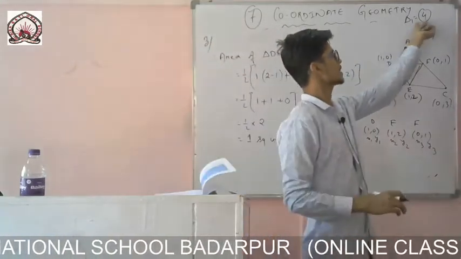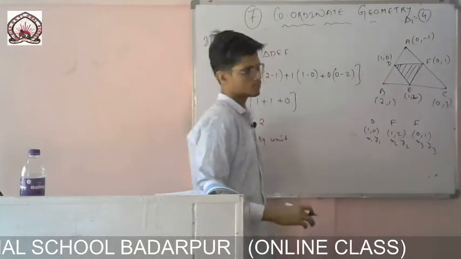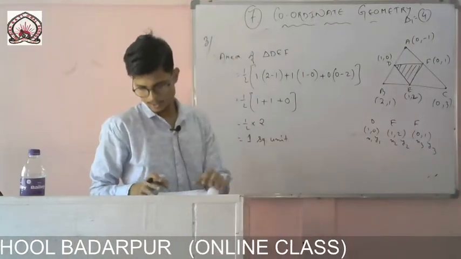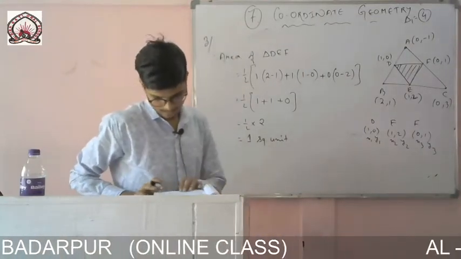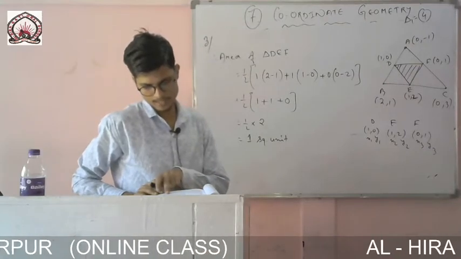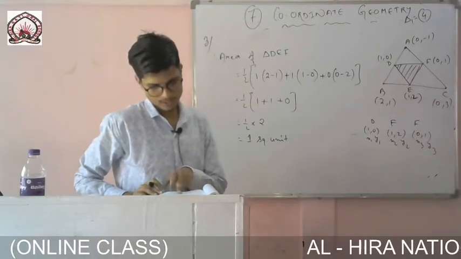Area of the first triangle was 4 square unit. So ratio I can easily find. Question is given, find the ratios of this area to the area of the triangle given.